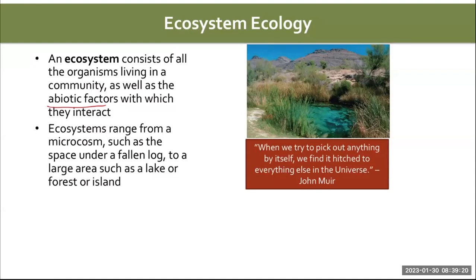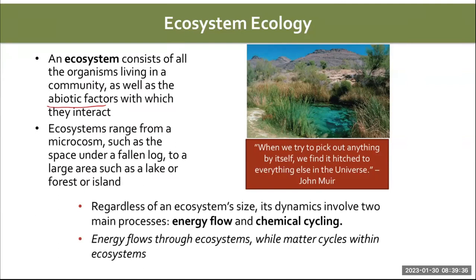Okay, so ecosystems can be tiny little microcosms, like a tide pool, like the space under a fallen log. An aquarium, for example, is its own ecosystem. So the size can range dramatically. Regardless of the size of an ecosystem, the dynamics at the level of an ecosystem tend to revolve around two primary processes.